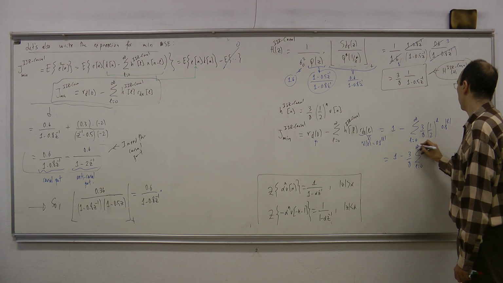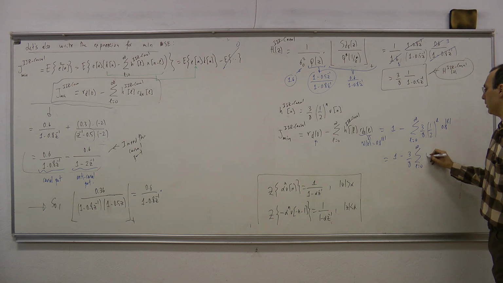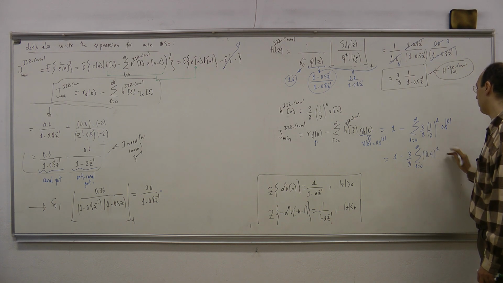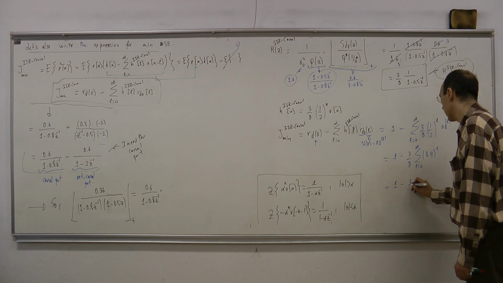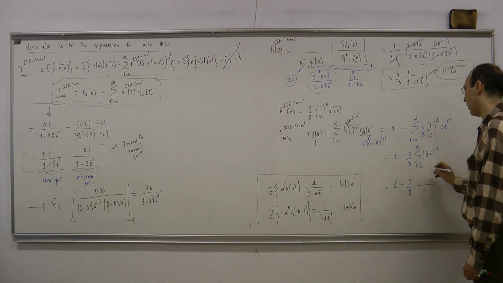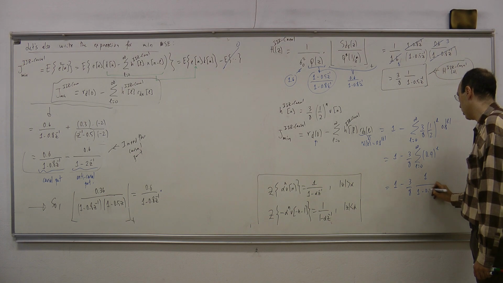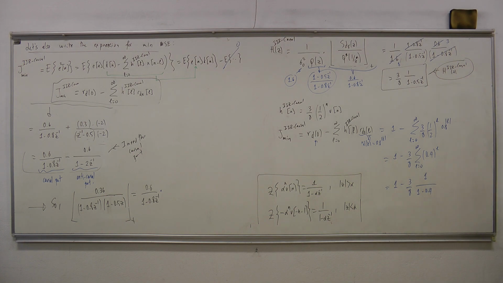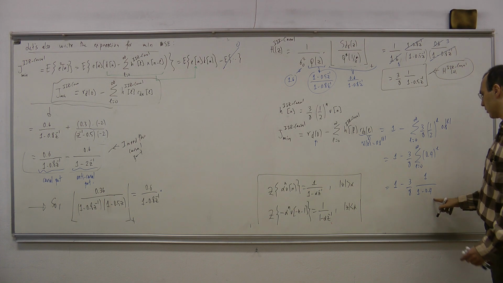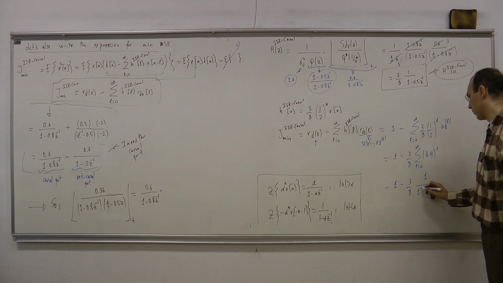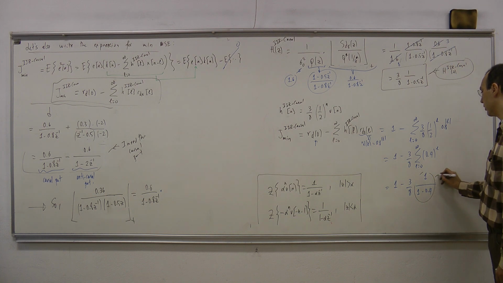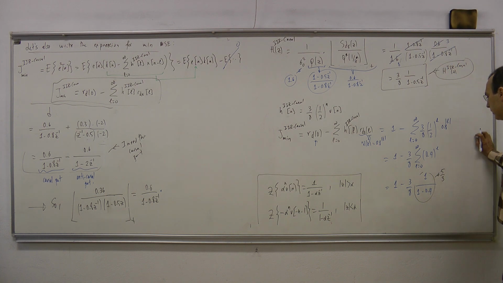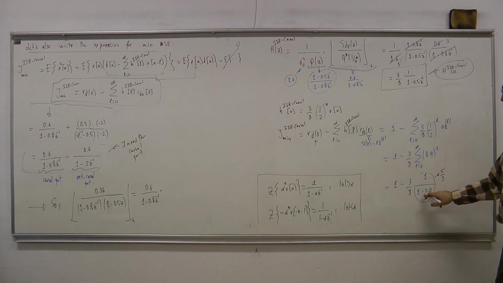So this is equal to 1 minus 3 over 8, sum over L from 0 to infinity, of 0.8 divided by 0.6 to the power L. Okay. So this is 1 minus 3 over 8, geometric series, 1 minus 0.4. So this is 0.6. 0.6 is 3 over 5, so this is 5 over 3. 3 cancels.